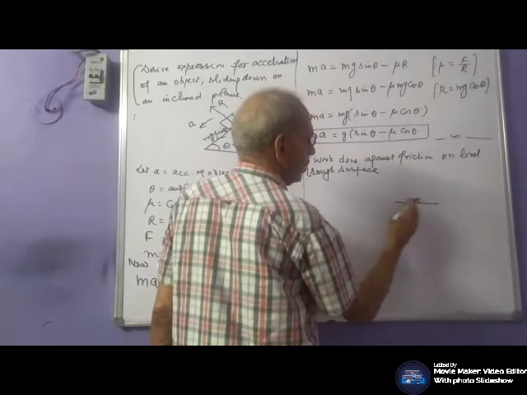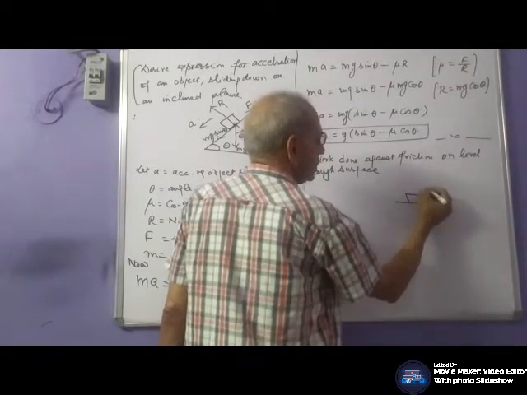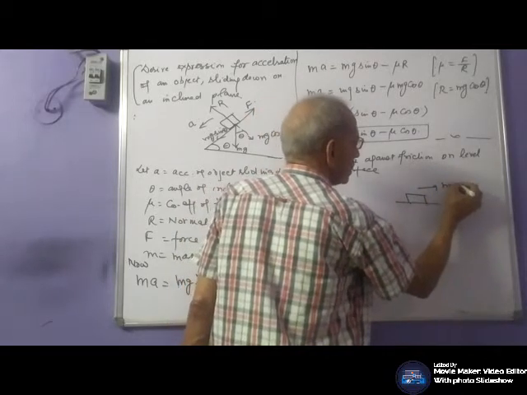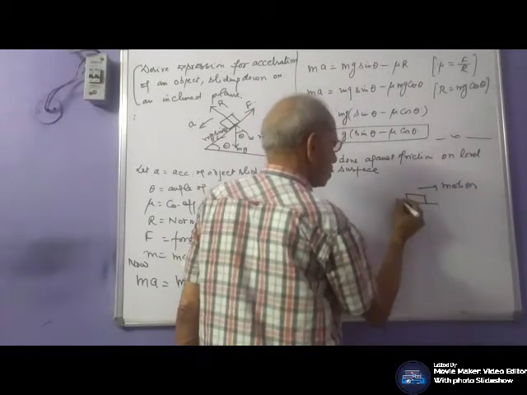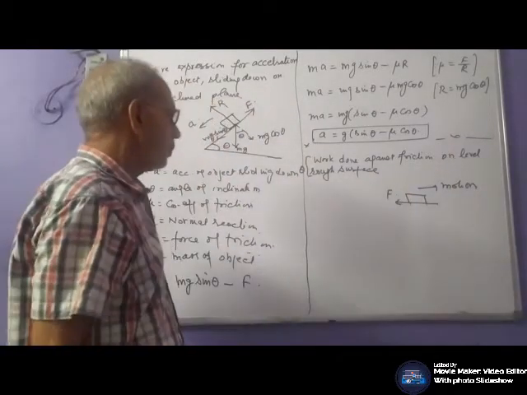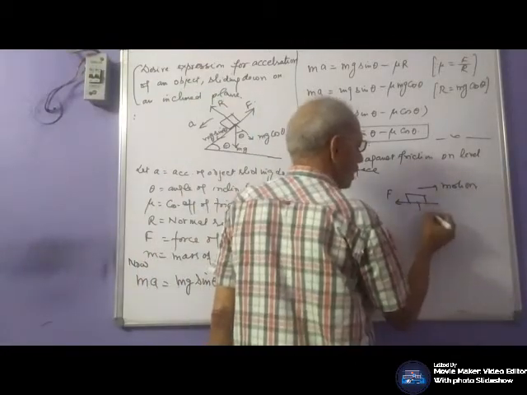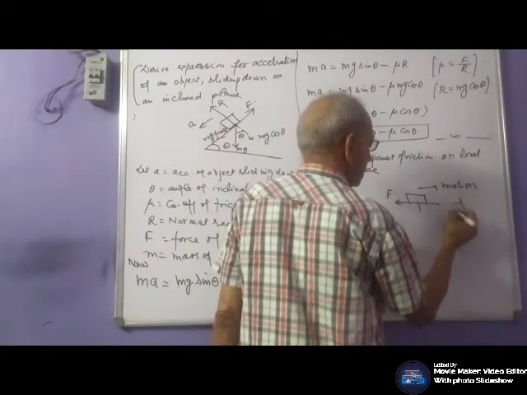This is ground, rough surface, this is object, and this is motion of object. So this will be force of friction. It will act in opposite direction. This will be displacement.